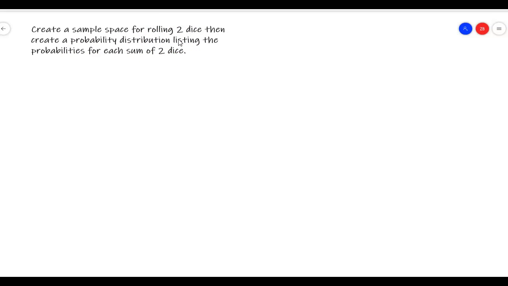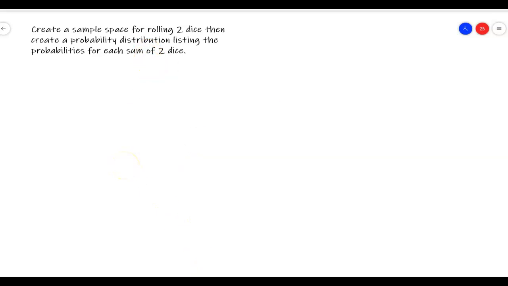So each of those die has 6 sides, and the size of the sample space is done in different ways, and this is in order to find out how many rows I'm going to have. I'm going to use a little trick that I learned. I haven't actually seen this in the book, but they have different ways to do it as well.